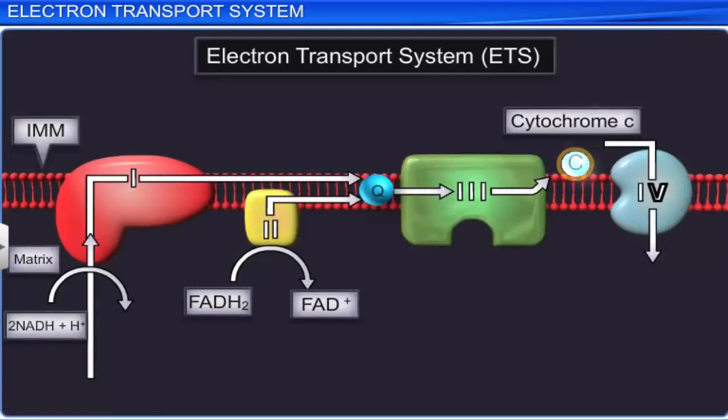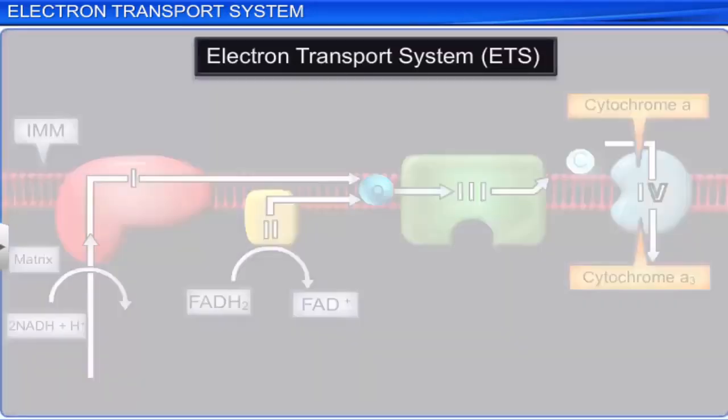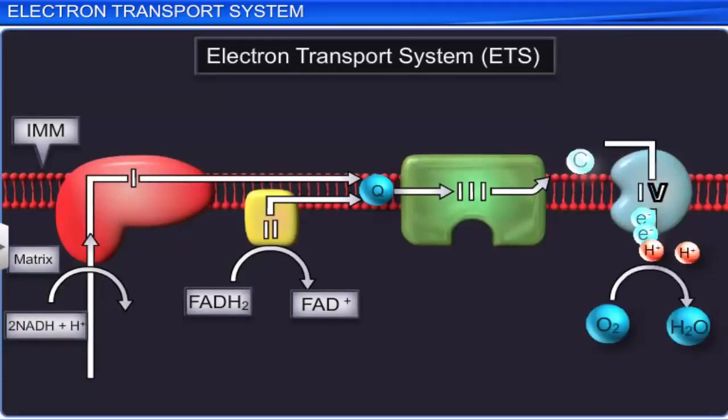Cytochrome C is a mobile carrier attached to the inner membrane of the mitochondria and helps in the transport of electrons between complex 3 and complex 4. Complex 4 contains cytochrome A and cytochrome A3. It transfers the electrons to the final electron acceptor, oxygen.